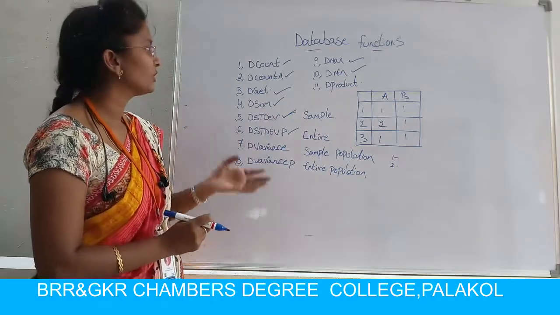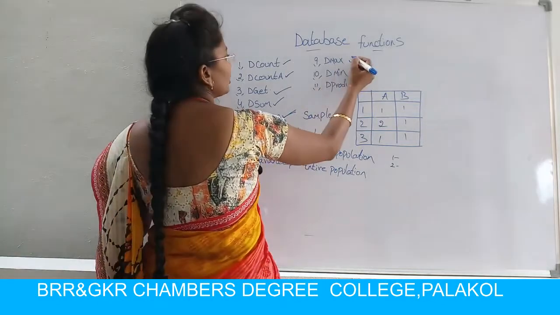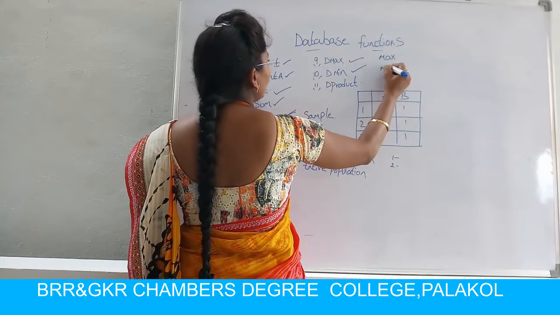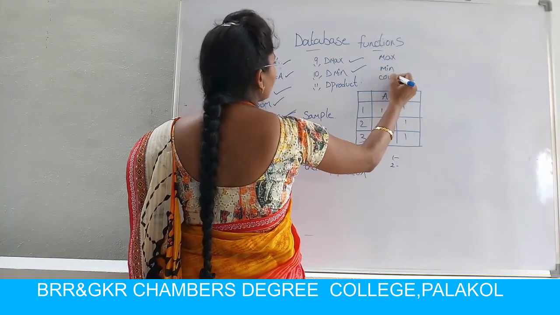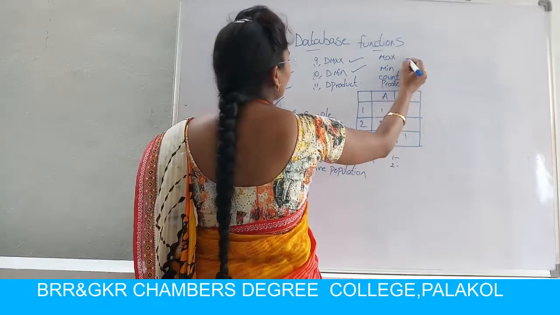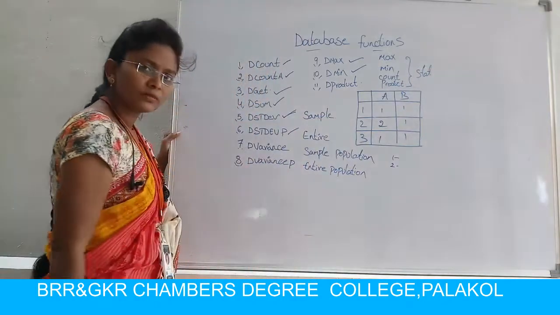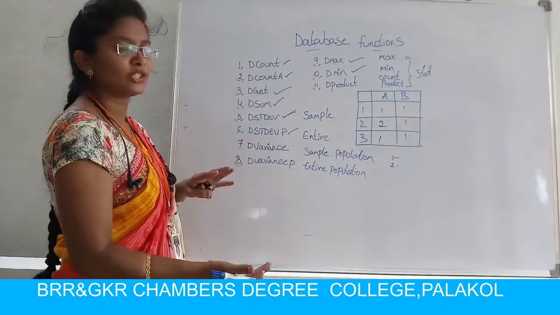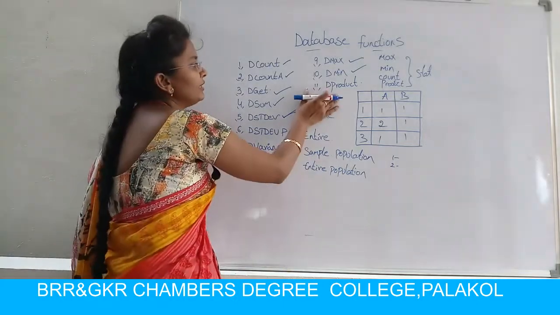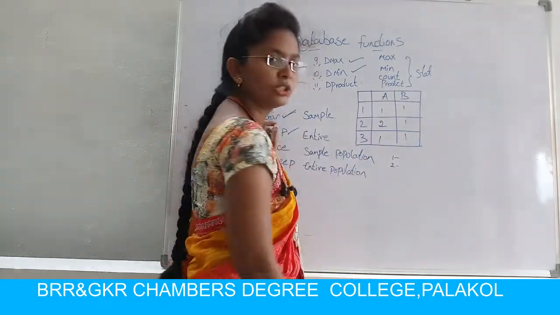In database functions, we can see this one. In the statistical functions also, you can see the maximum function, minimum function, count function, and product function. These are all available in the statistical functions also. But the difference between the statistical functions and the database functions is that here it will display the data according to the worksheet.